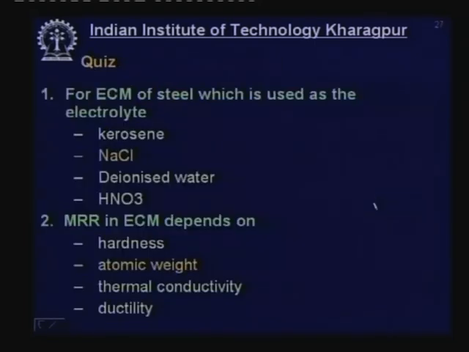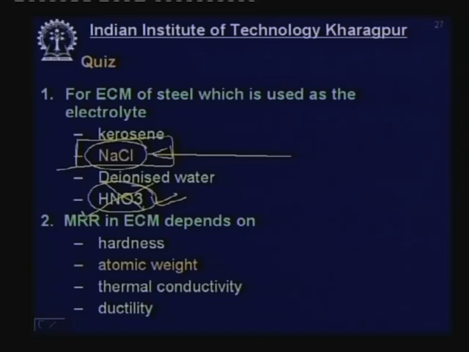So, ultimately you are left with sodium chloride or nitric acid. Both of them can be used as an electrolyte, but nitric acid reacts with most materials very violently. So, you cannot control the anodic dissolution. So, your choice is ultimately sodium chloride, not nitric acid. In this way, for most of the questions you can reason out and get to the correct answer.